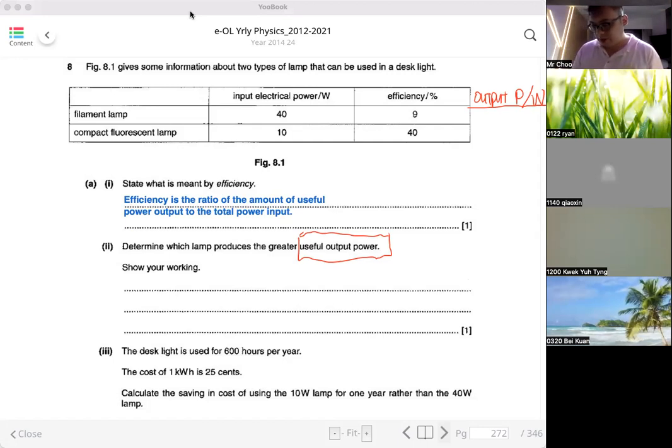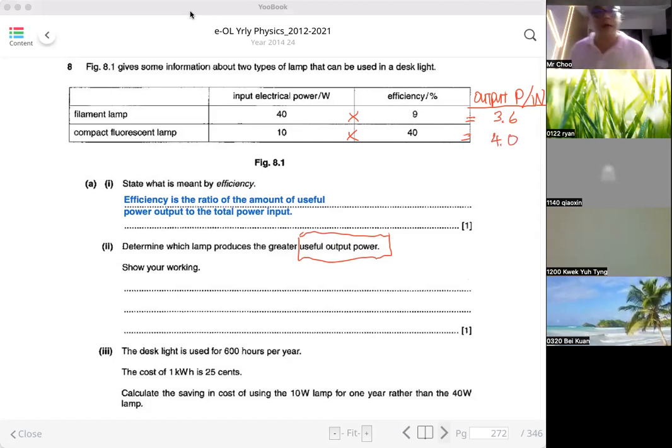Okay, so you multiply these two together and you should get the answer. 9% times 40, you'll get 3.6 watts of output power. 40% times 10, you'll get 4.0 watts of output power.